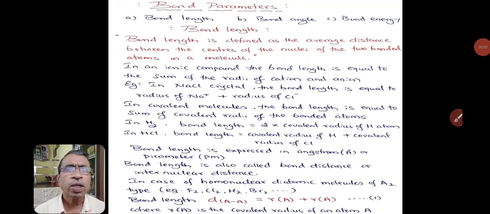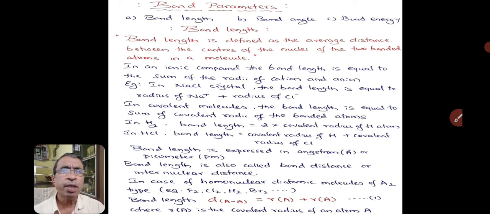Dear students, in the last class we studied the VSEPR theory, which gives the shapes of various molecules. When a molecule has a shape, it is also associated with a bond length, bond angle, and bond energy or bond enthalpy.